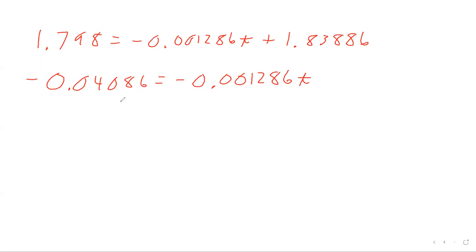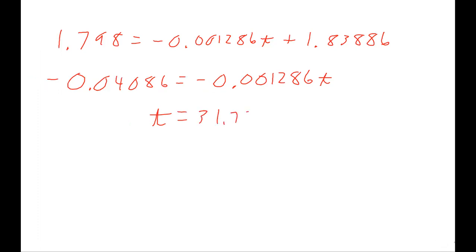And then divide that by negative 0.001286. And we end up with T equals 31.77 years.